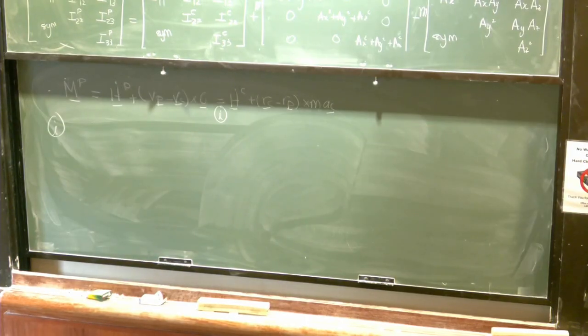Any ideas? Take a minute, think about it, chat with your neighbors. How can I show this equality? That H dot P plus Vp minus Vc cross G is H dot C plus Rc minus Rp cross MAC.